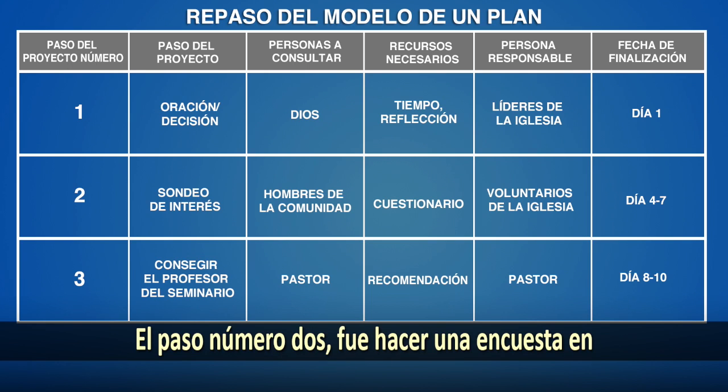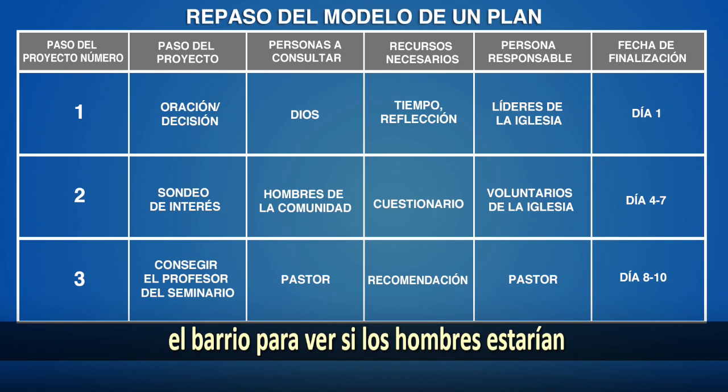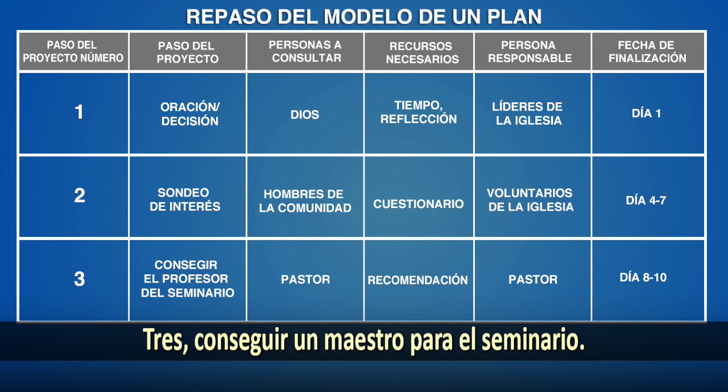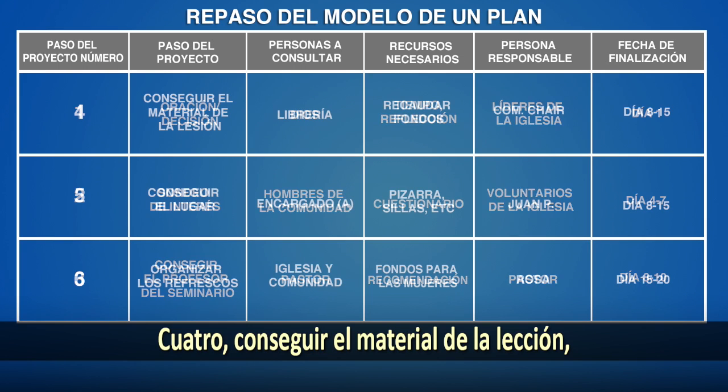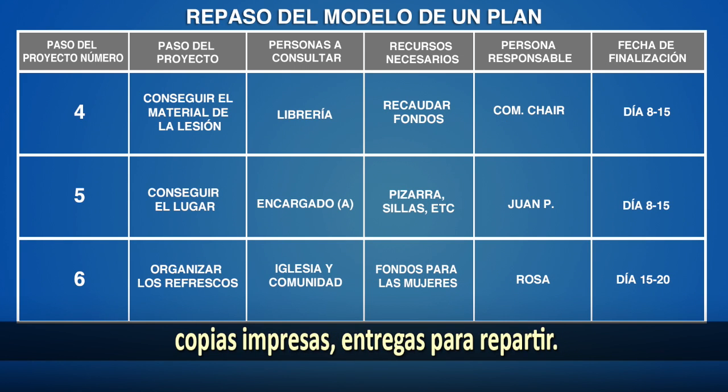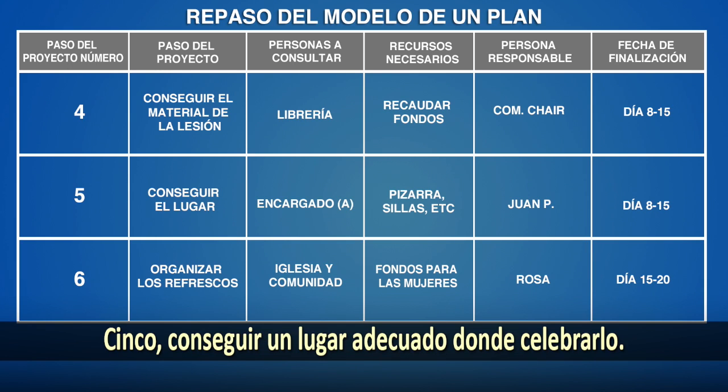Step number 2 was to do a survey in the community to see if the men of the community would be interested in this kind of seminar. 3, to get a seminar teacher. 4, to get lesson material, printouts, handouts that they could use. 5, to get a venue, decide where to have that.